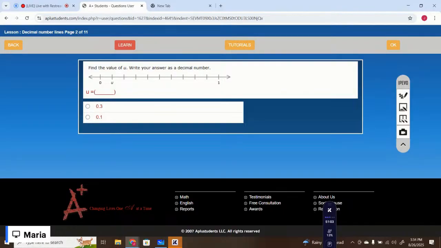Zero point 0.1 it is, right? Option number 2 is the correct option.